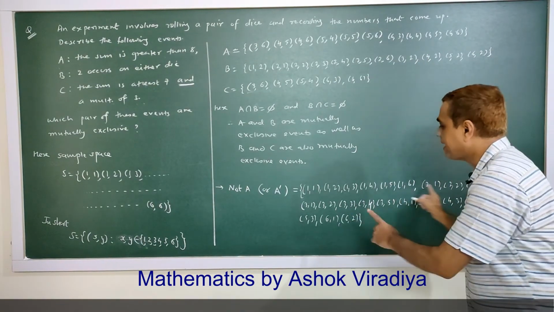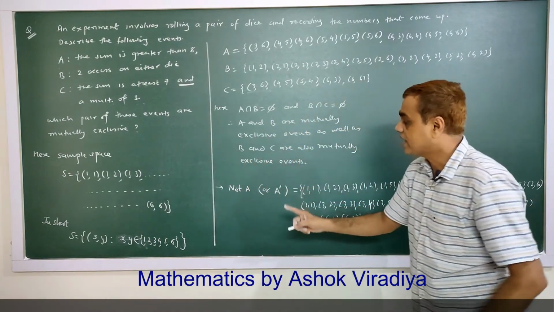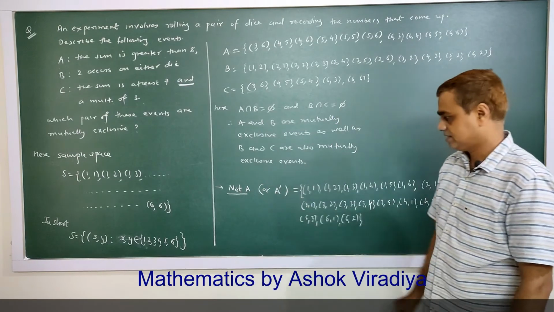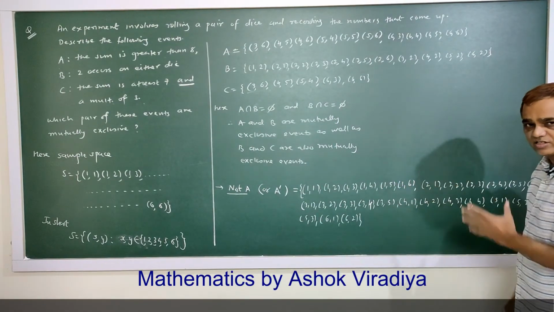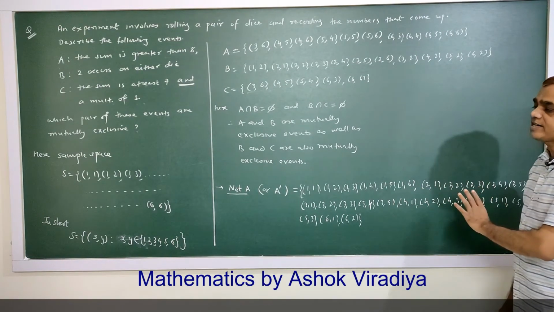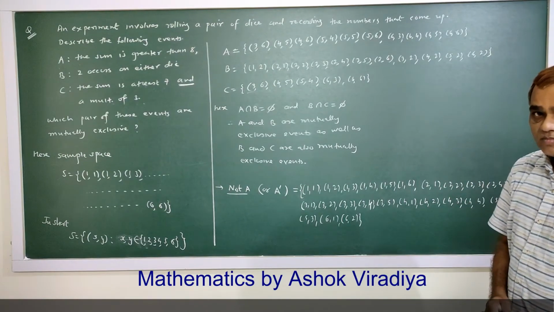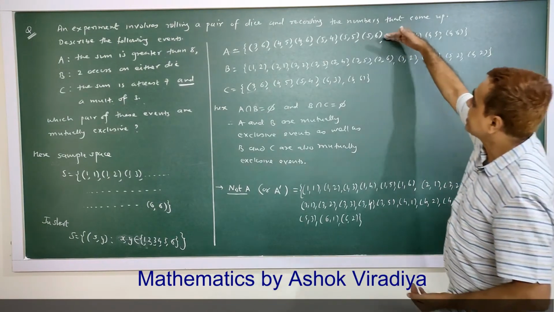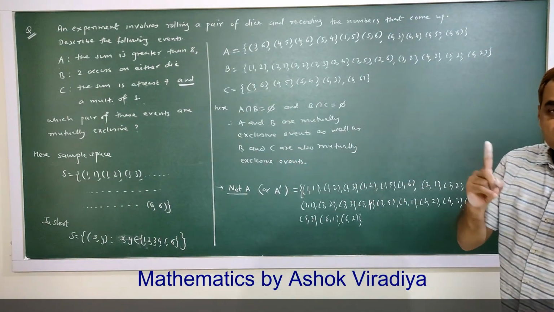So these are elements which are not in A but in S. So they are in not A. Event not A means A dash. So this is the complement of event A. And the union of A and A dash must be S. Total must be 36.